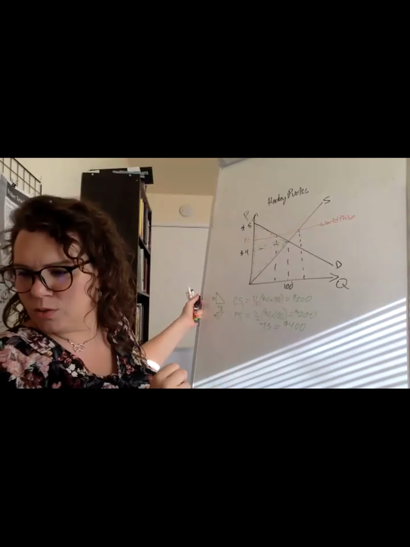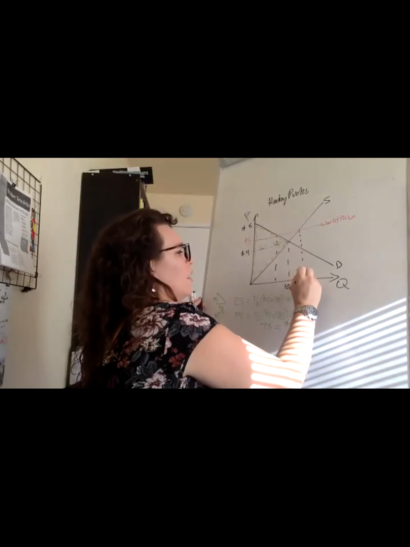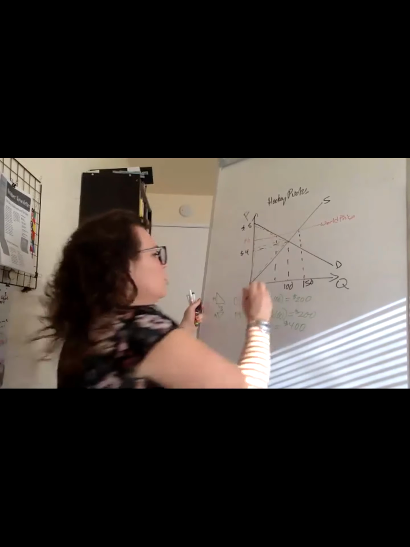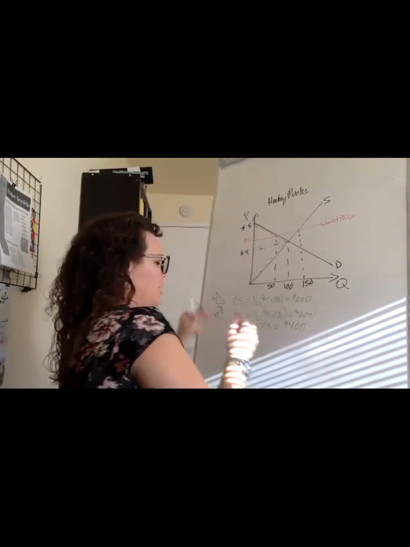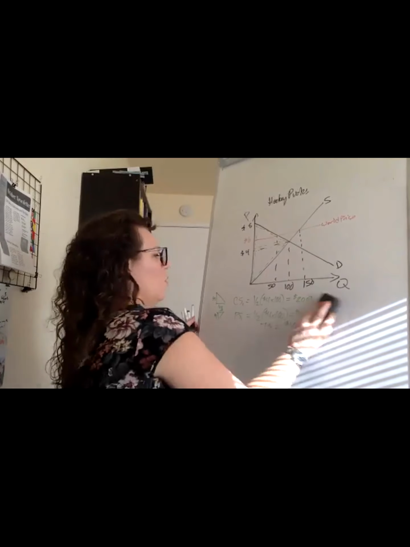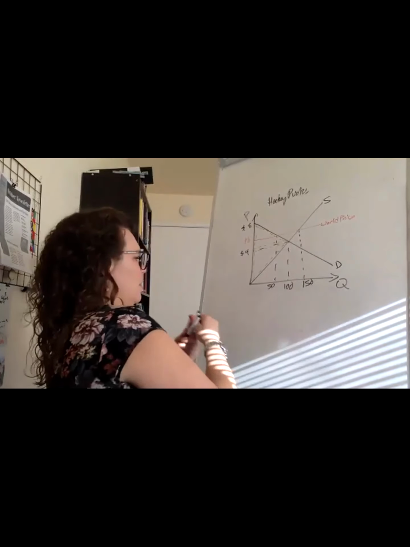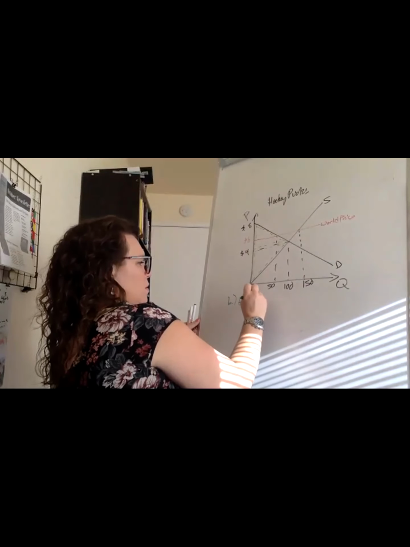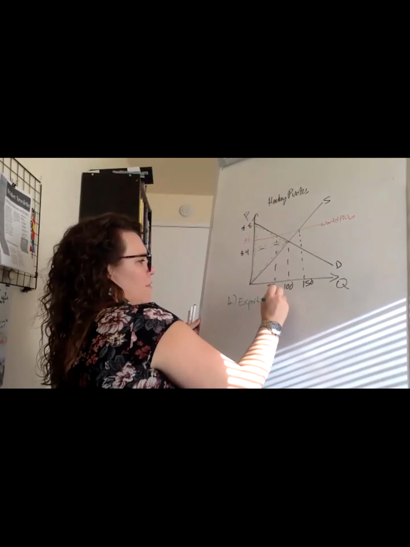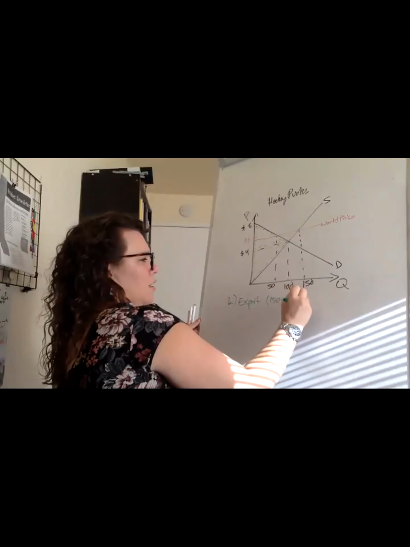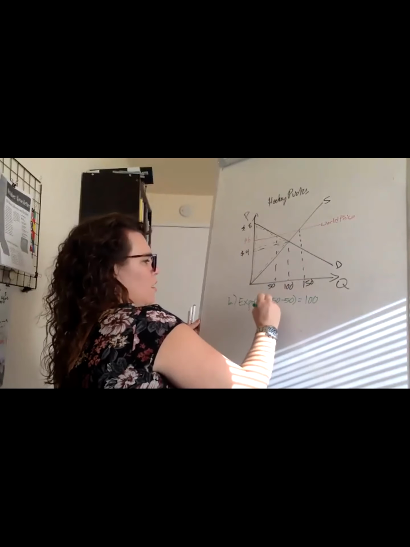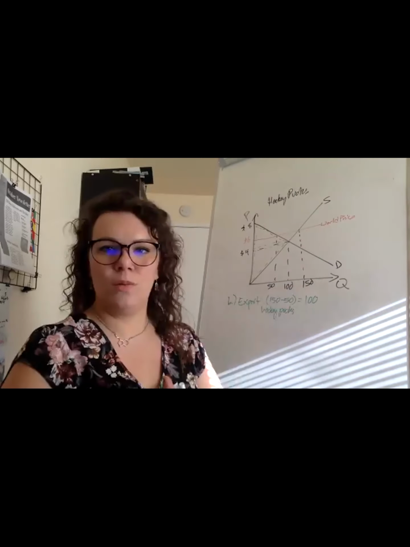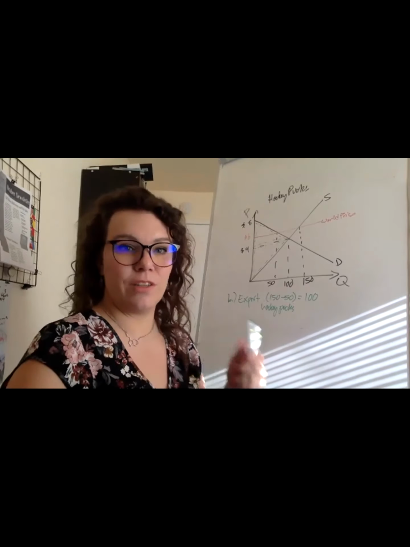They're going to supply 150 hockey pucks to the market, and domestic consumers are now only going to buy 50 hockey pucks. So we're going to see Canada export 150 minus 50 equals 100 hockey pucks. Cool? So far, so good?